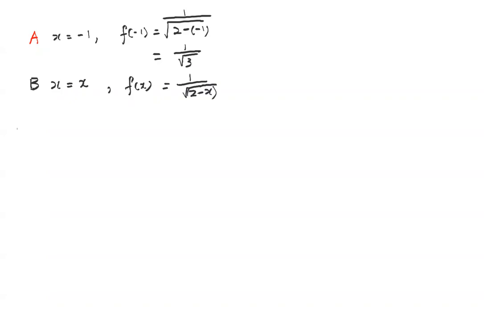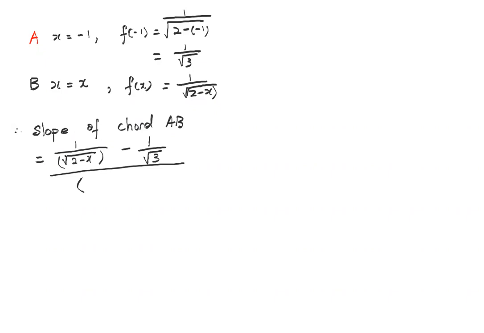So therefore, slope of chord AB, which represents the average rate of change from x equal to -1 to x equal to x, is equal to 1 over square root of 2 minus x, take away 1 over square root of 3, divided by x minus -1.